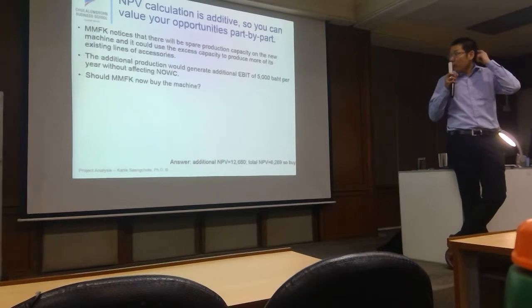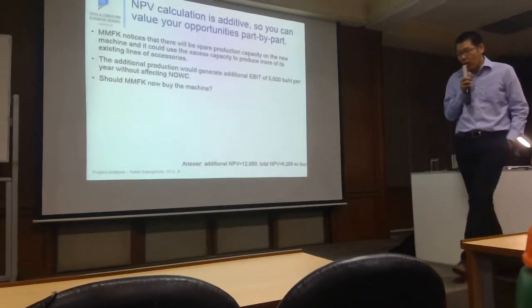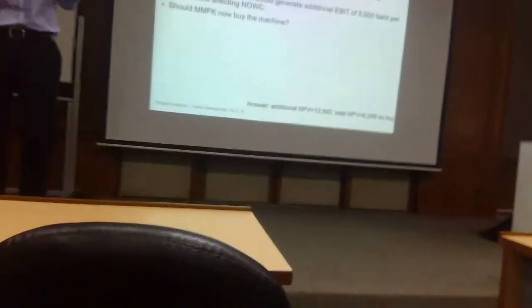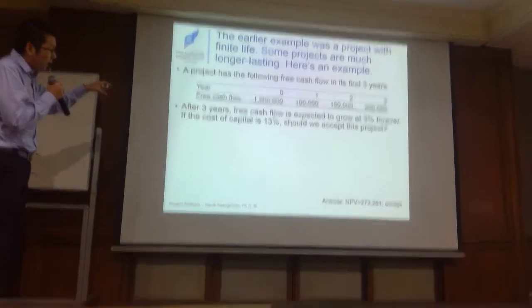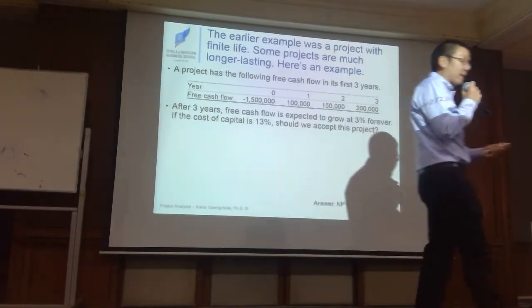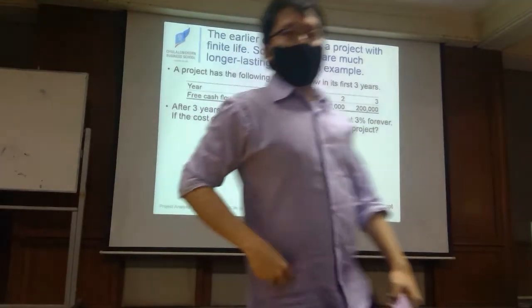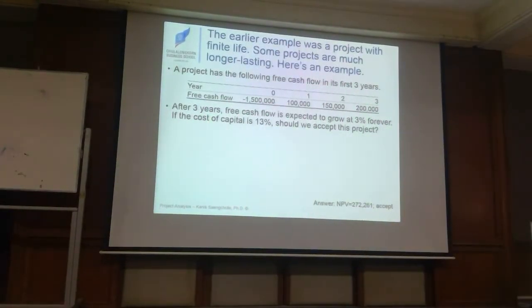Okay, so before break, we looked at an example of whether or not to invest in a project that's been presented to us. I want to take a short change of pace here and look at another example where your project may be much longer than 4 years. The example we saw earlier was whether we do it or not, and everything was wrapped up within 4 years.